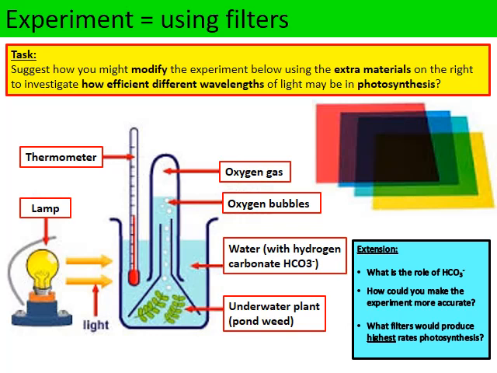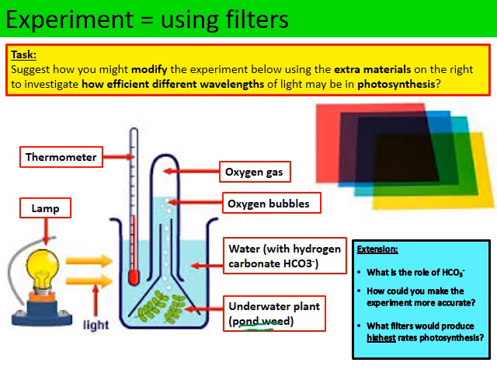filter that we've used. So you might have this set up in the picture where we've got an underwater plant that can photosynthesize. So that might be pondweed, for example. And we know that's going to take in carbon dioxide and it's going to make glucose in its chloroplasts, in its stroma, and it's going to give off oxygen gas.